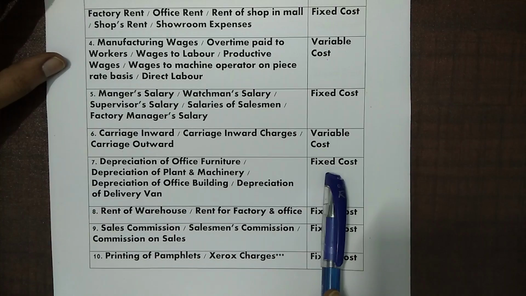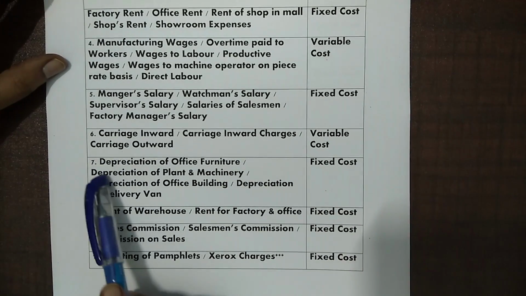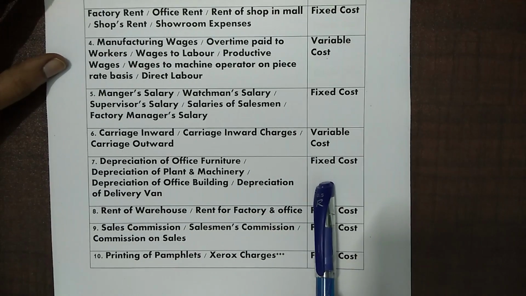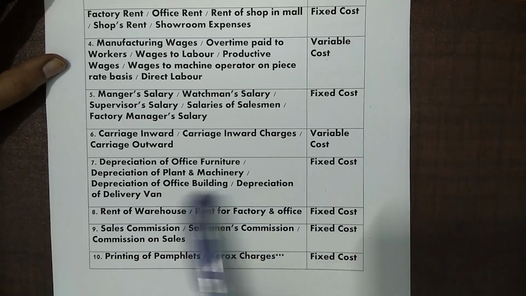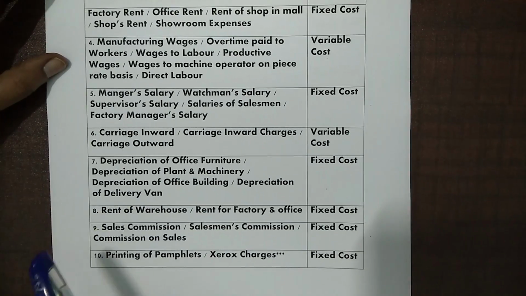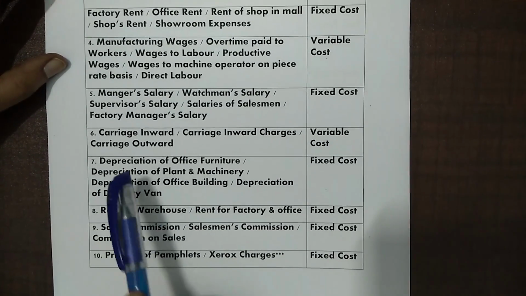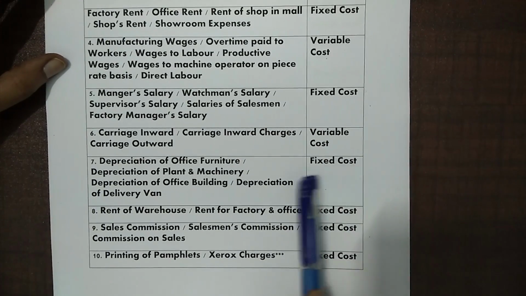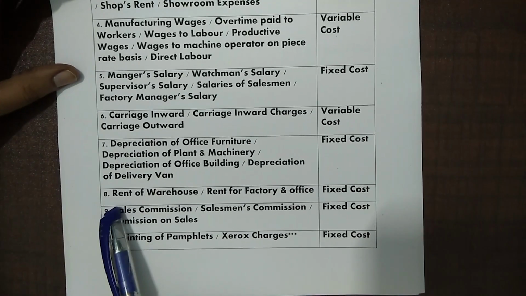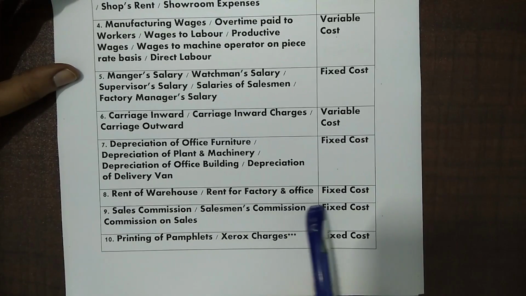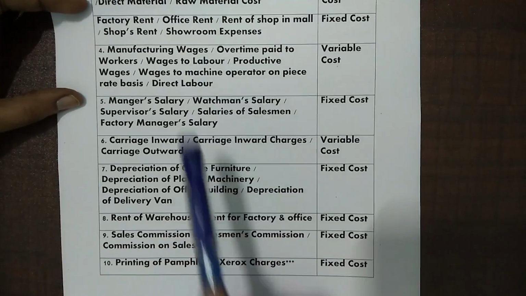Again there is a smart way to remember: if there is a depreciation, the answer will by default be fixed cost, whether it is depreciation of your car, furniture, office equipment, everything. The word depreciation means it is fixed. Now the next one is rent of warehouse, rent for factory and office. As we have discussed, rent is always fixed, so the answer is fixed cost.